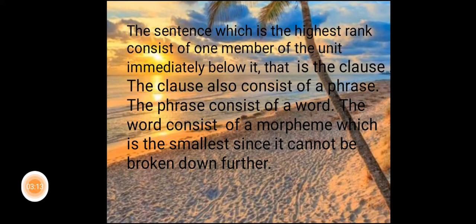Morpheme. That is, the sentence consists of the clause. The clause also consists of a phrase. The phrase consists of a word. The word consists of a morpheme, which is the smallest since it cannot be broken down further, as I said earlier on.